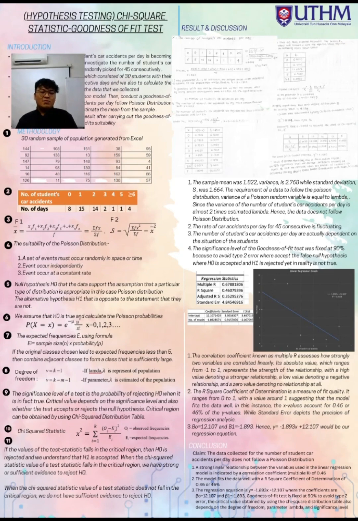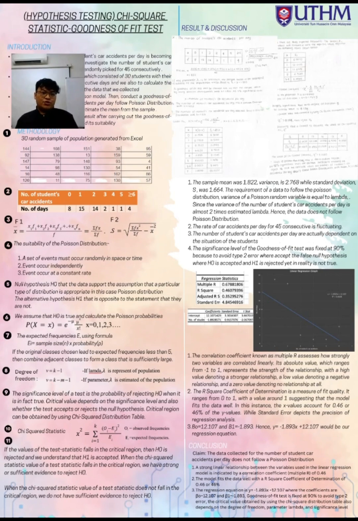For three it is 2 days, and for four times it is 1 day, and the same for five times, it is one, and for more than six it is 4 days.